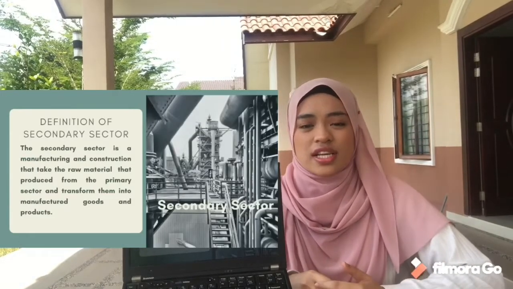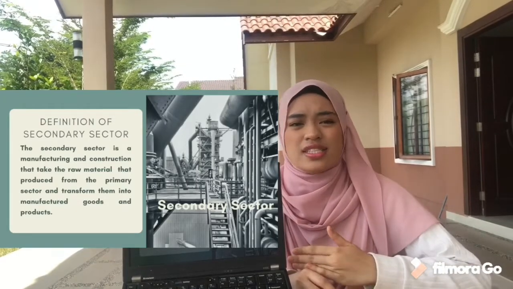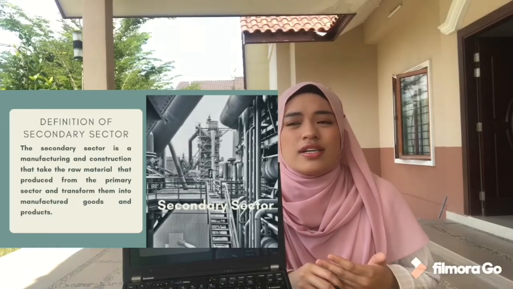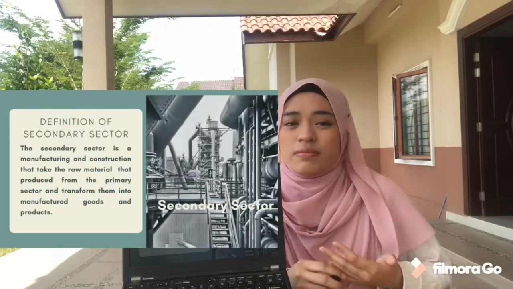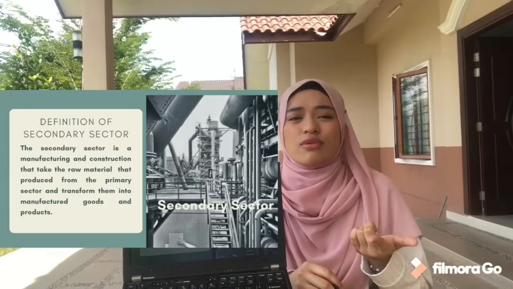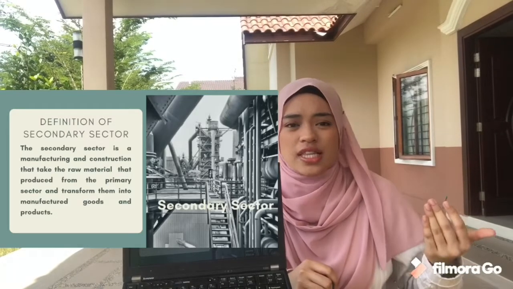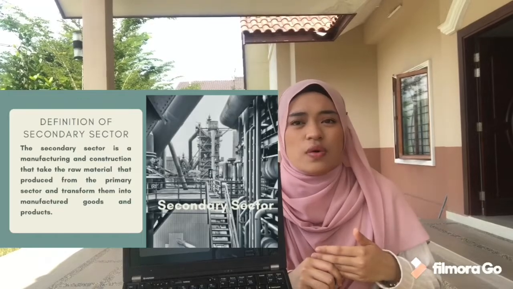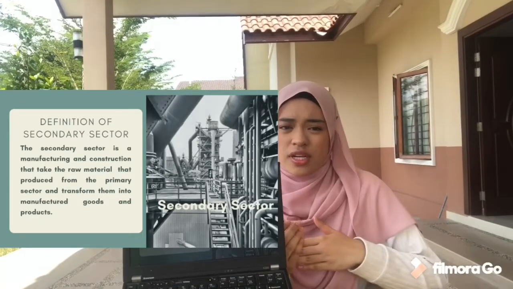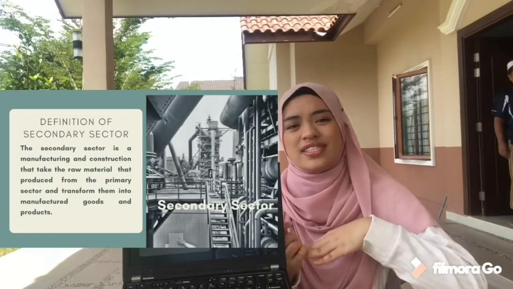The secondary sector is the manufacturing and construction that takes raw material from the primary sector and transforms it into manufactured goods and products. For example, wood is transformed into furniture, chemicals into plastics, and gold into necklaces.